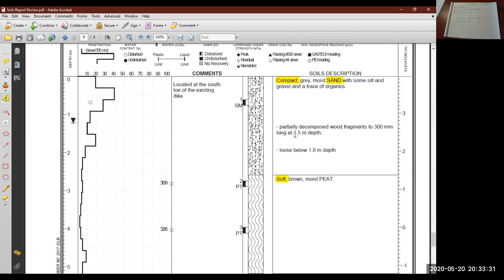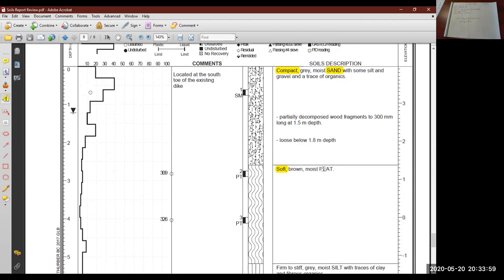So for this approximately 3 meters, it's mostly sand with some silt and gravel and a trace of organics. So organics could be anything from topsoil to wood chips, stuff like that. So there you go, partially decomposed wood fragments.